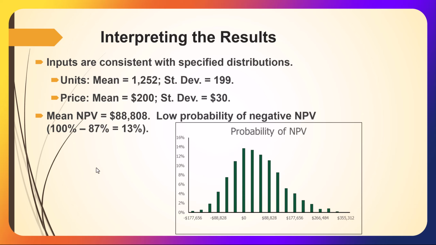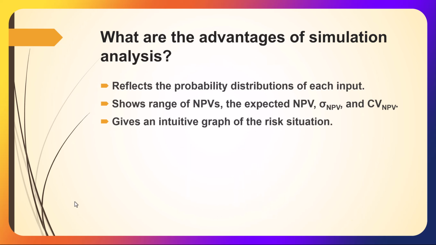So in this case, we end up with a mean net present value of 88,808. And the probability of a negative net present value in our calculations, again, if we use our statistical analysis, there's only a 13% chance that we would have a negative net present value, which seems like it's pretty low to me.